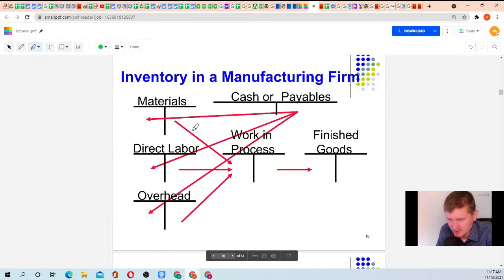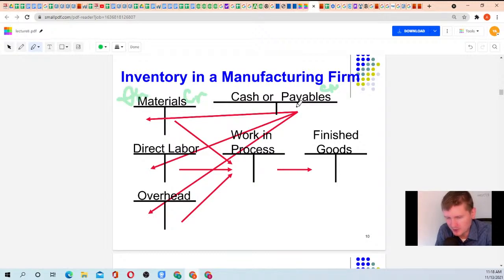And that's how they draw costs in the T accounts. Basically whatever you buy, or maybe you can buy labor too, like salaries, you can buy materials. So that's payables or cash, that's credit, debit.